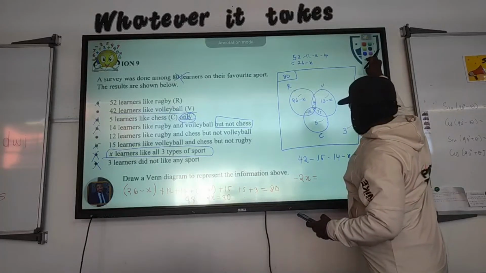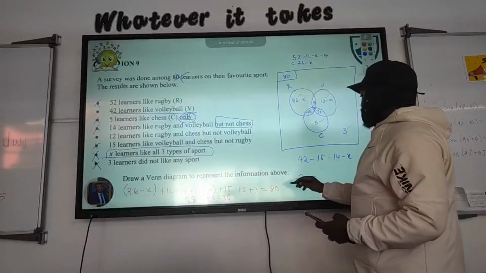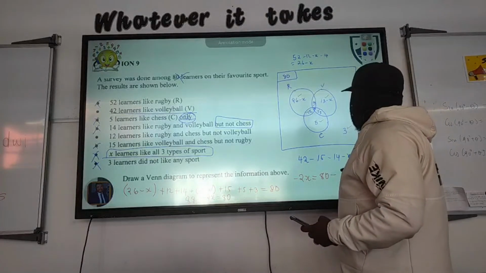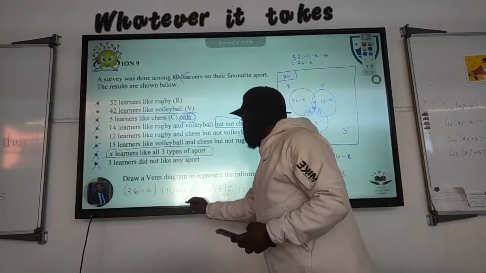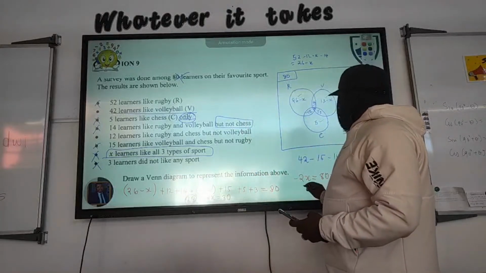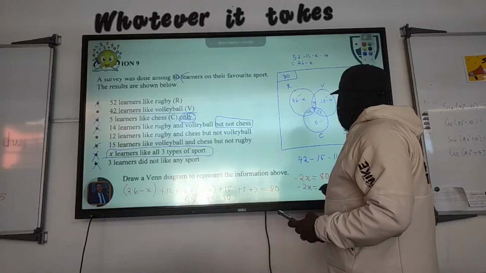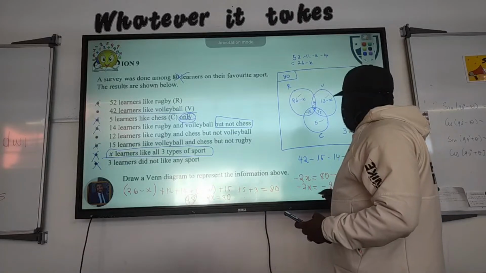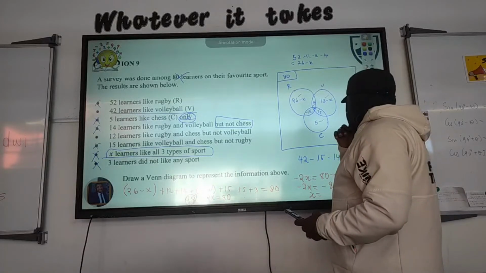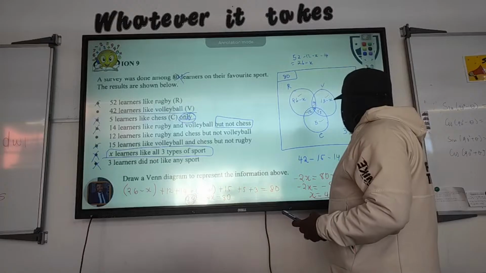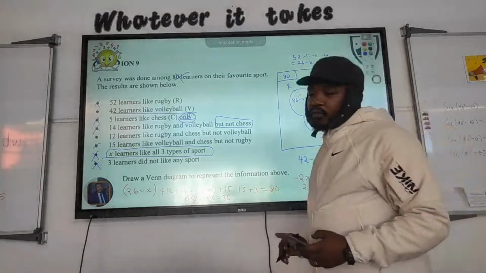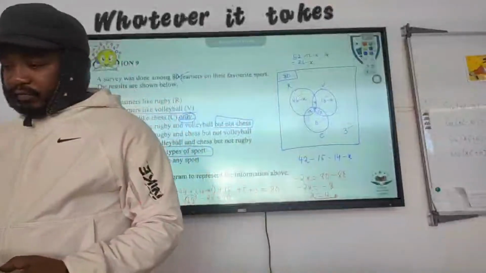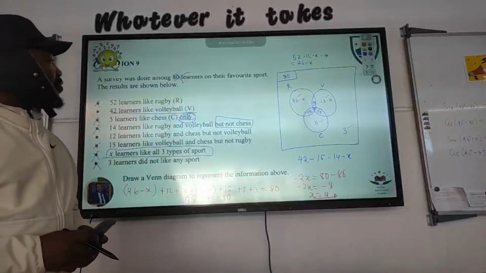We didn't subtract that. So negative 2x, then we have 80 minus 88 because we had an 88 as such. So negative 2x will simply give us a negative 8, and our x will just be equal to 4.